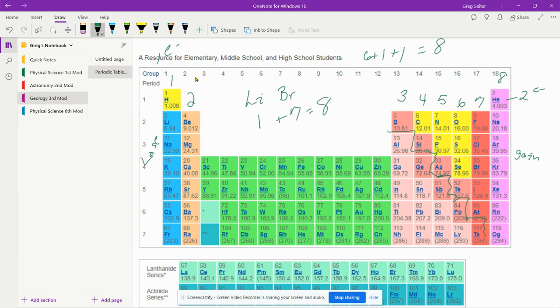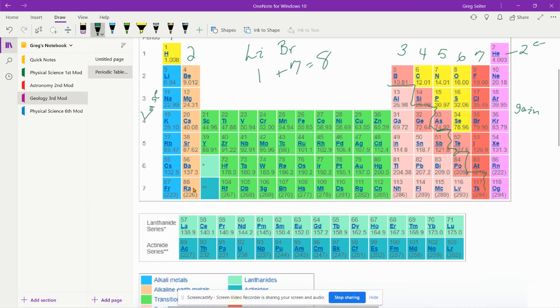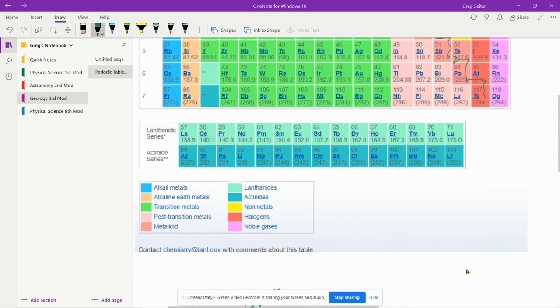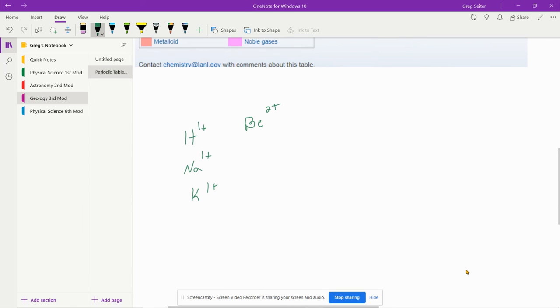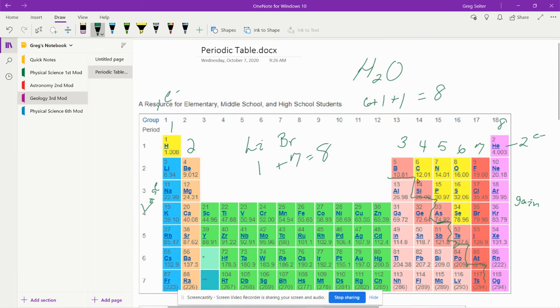In this row, it's going to lose 2 electrons. So beryllium is a 2 plus, as is every other element in this family. Magnesium, 2 plus. Calcium, 2 plus. Now, over here, where my staircase is, aluminum's going to be a 3 plus.